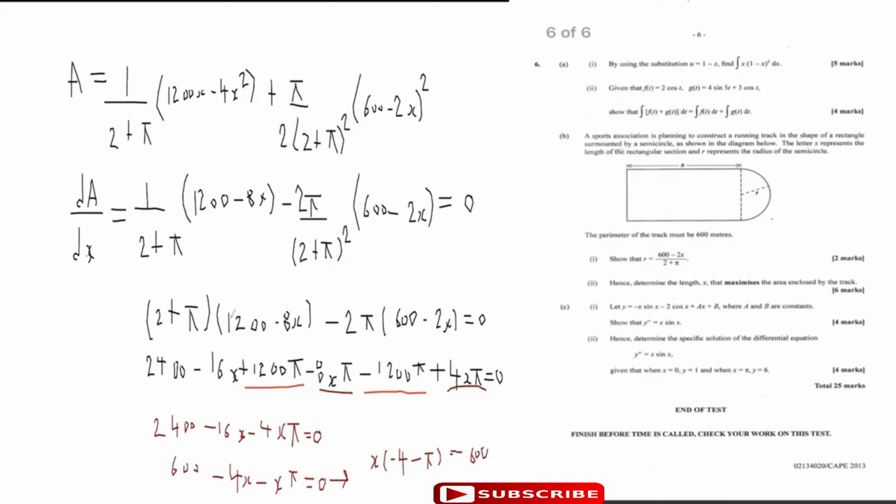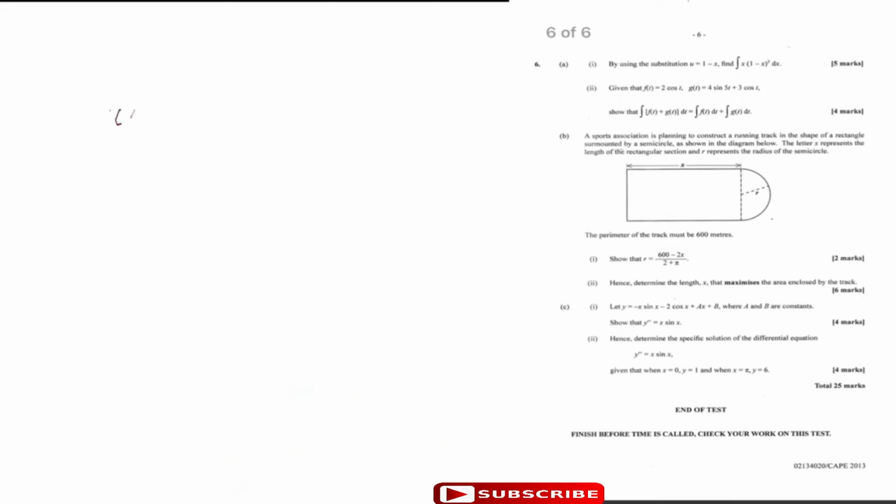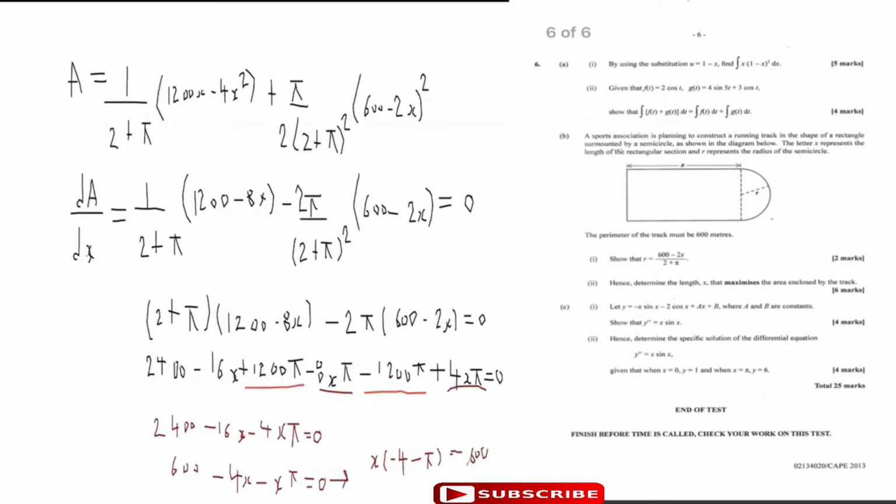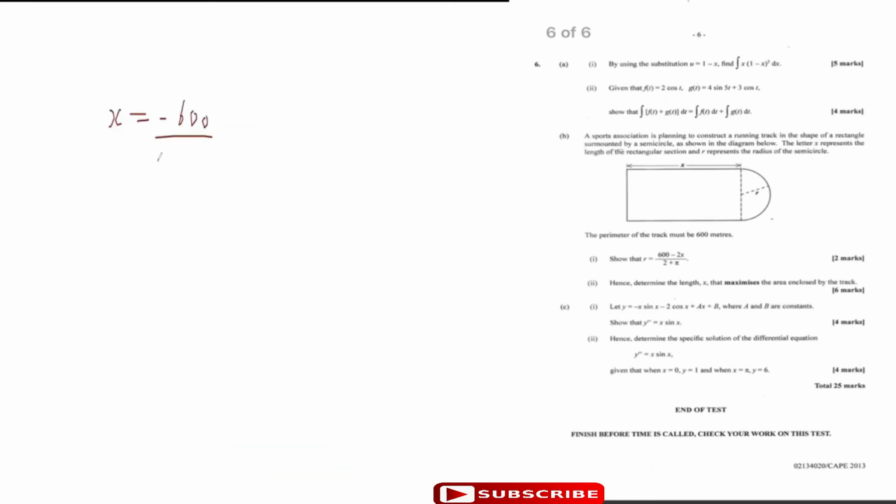And so finally, we can divide both sides now to get x is equal to negative 600 over negative 4 minus pi. And so the negatives are going to cancel each other, and so the reality is x is equal to 600 over 4 plus pi.